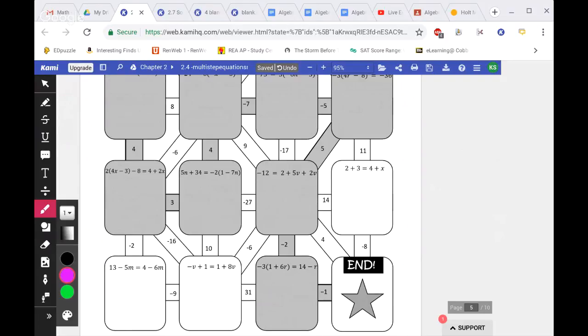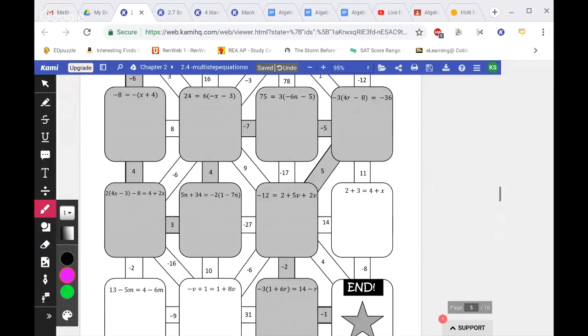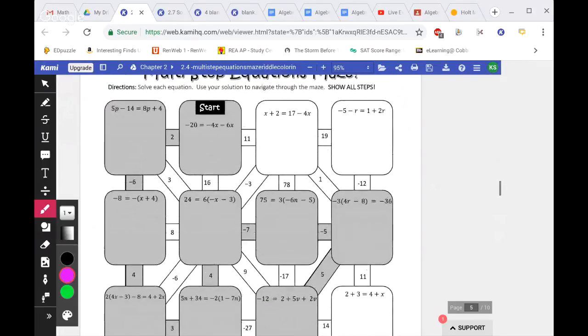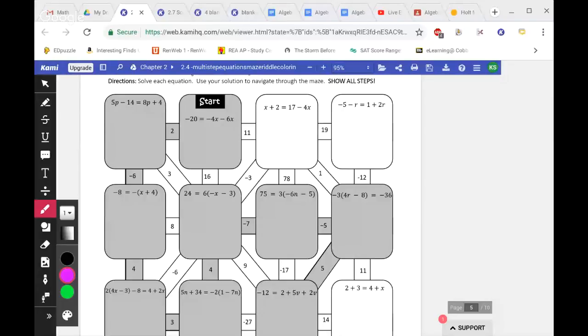But kudos to you for doing all of them on the worksheet. That's amazing for the extra practice. But here is the answer key. So if you would have started here at the start and your answer would have been 2, and then you would have done this problem, you would have gone down, and so you kind of would have done this.